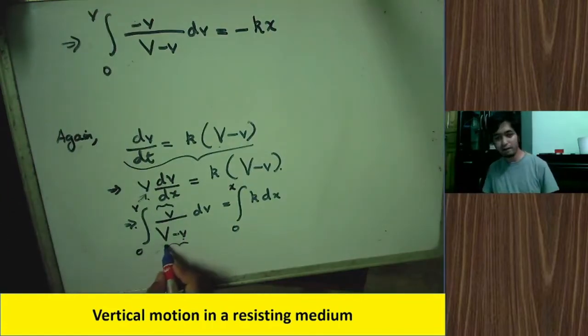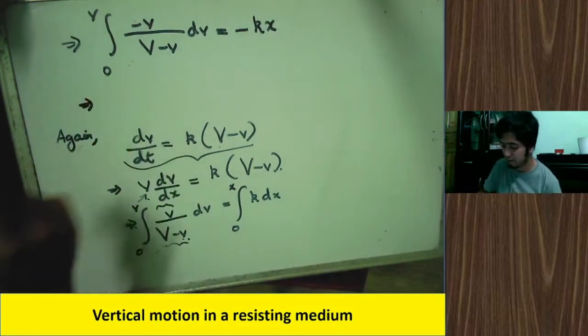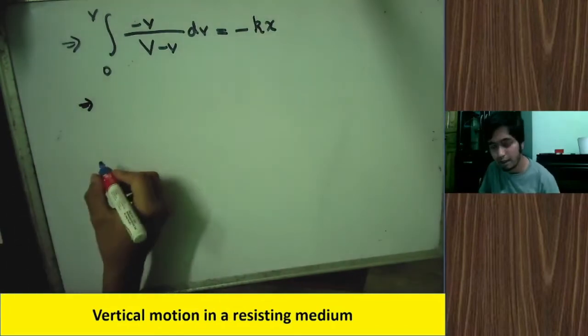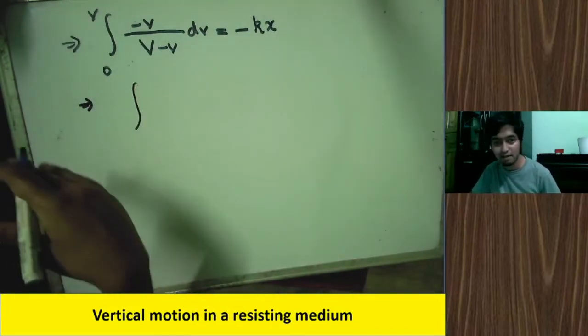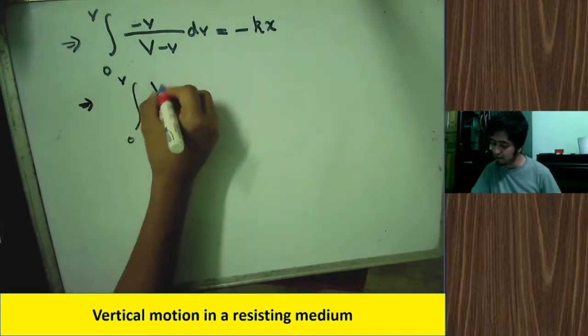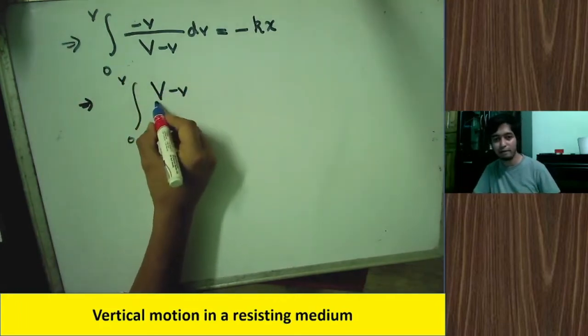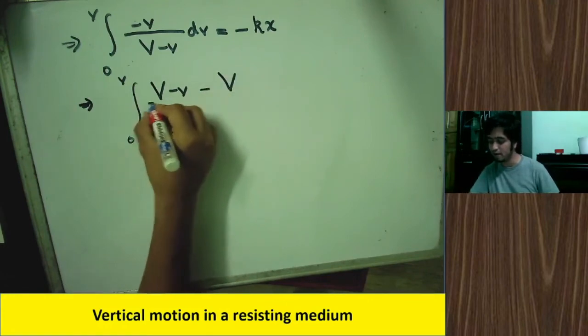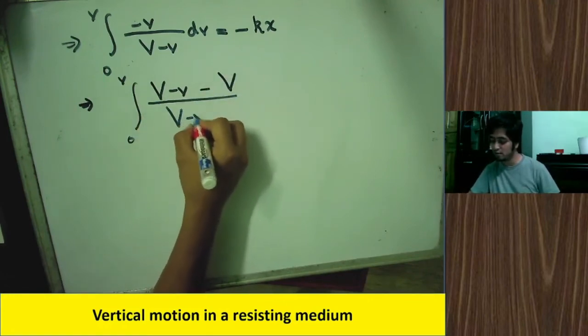I need capital V minus v. Since I need capital V minus v, I will add V, and next I will subtract V. So this is what I will have.